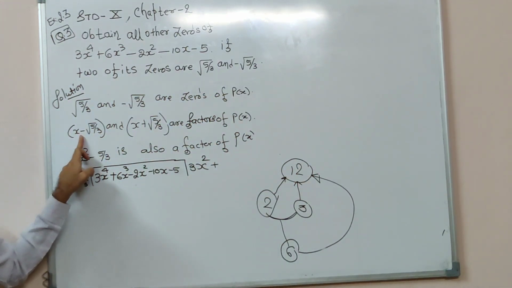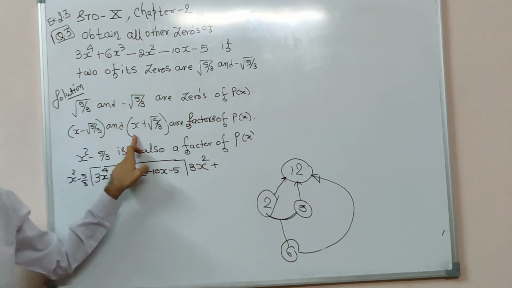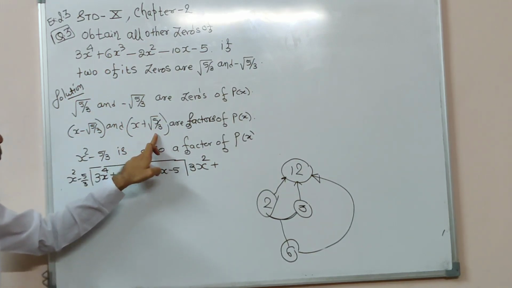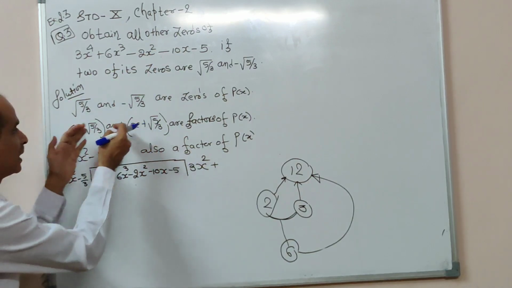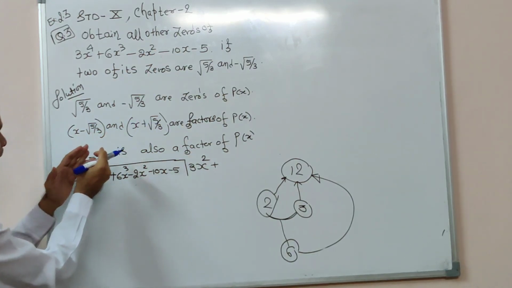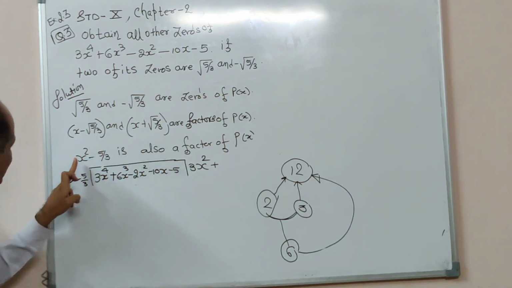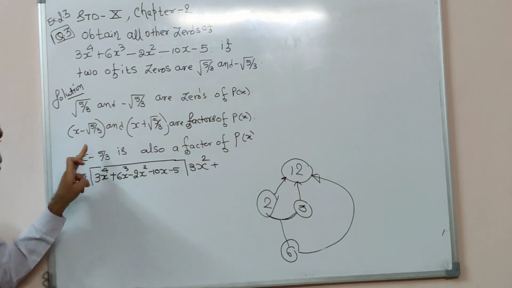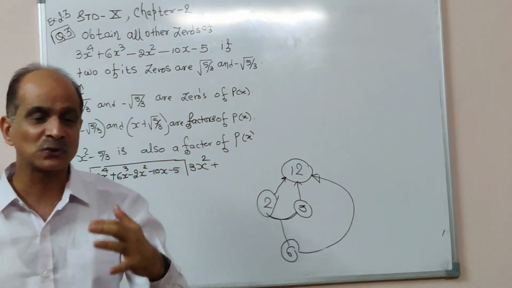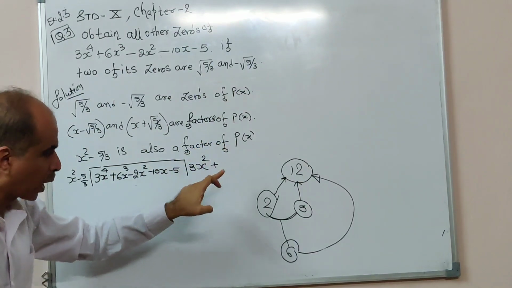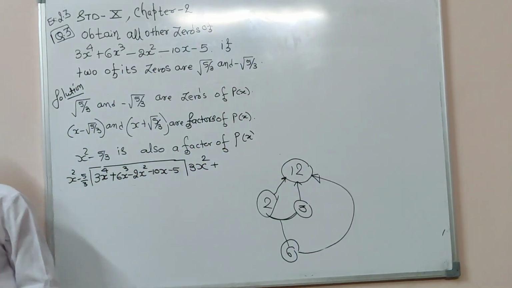Similarly, x minus root 5 by 3 is a factor of the polynomial, and x plus root 5 by 3 is also a factor. So the multiplication of these two, a minus b times a plus b, means a square minus b square. So x square minus 5 by 3 is also a factor of the polynomial.